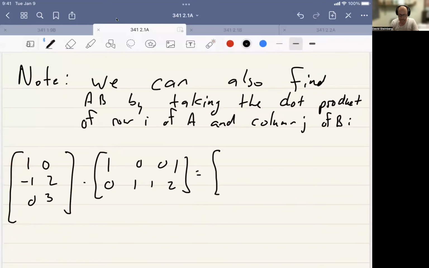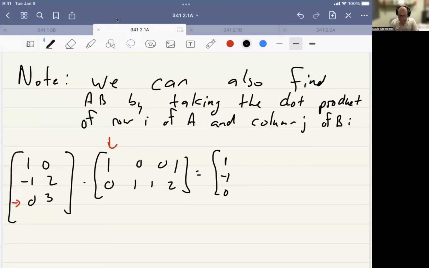I'm going to make little arrows here, otherwise I'll lose it. So 1 times 1 plus 0 times 0, that's just 1. And then we can move our arrows down. Now we've got -1 times 1 plus 2 times 0 is -1. And move this down one more time. 0 times 1, 3 times 0 is just 0.